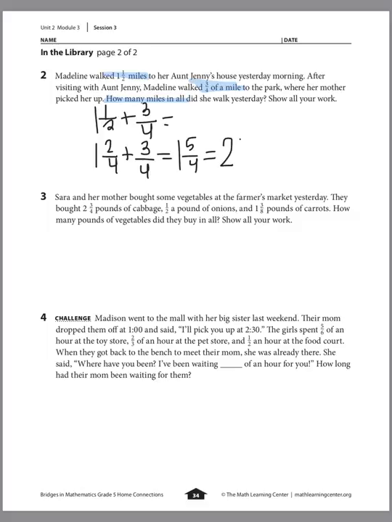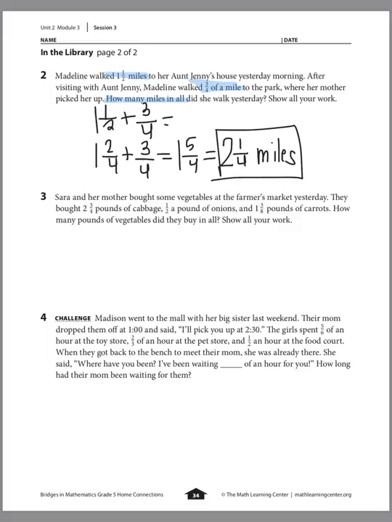And it's going to be 2 1/4 because I know that 4/4 is 1 whole. So I'm going to take 1 whole from that and add it to that 1 whole, which comes to 2. How many fourths am I left with? 1/4. And so how many miles in all did you walk yesterday? The answer is 2 1/4 miles. And make sure I add the unit there, so I'm going to write miles.